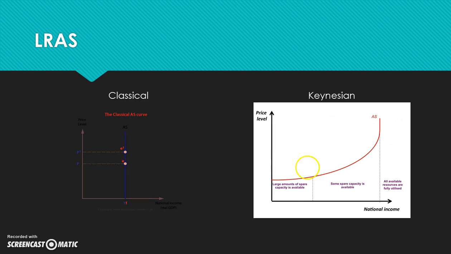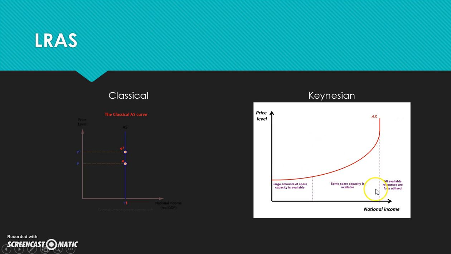You'll notice here that in Keynesian there are differences. Supply can go up. So if demand started here, at where the cursor is, if demand went up to here, can you see that that has actually increased the amount being produced?